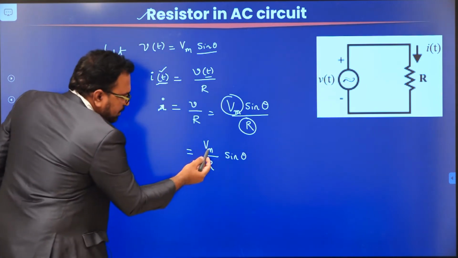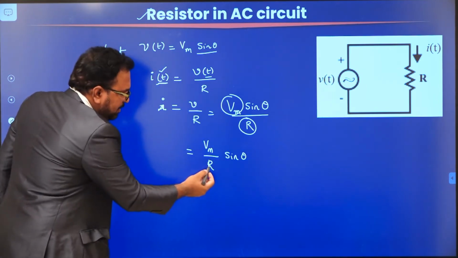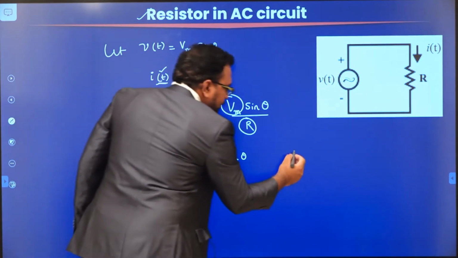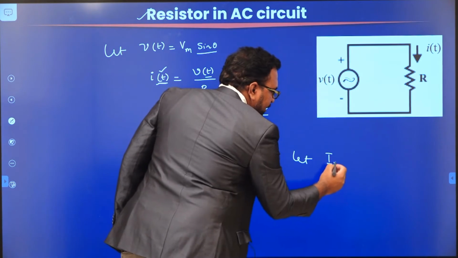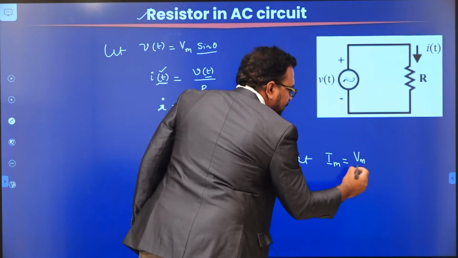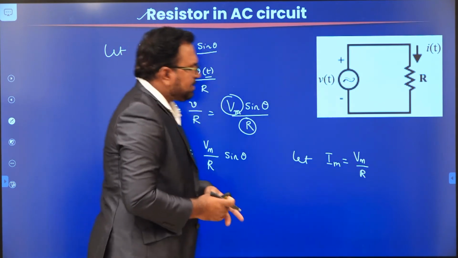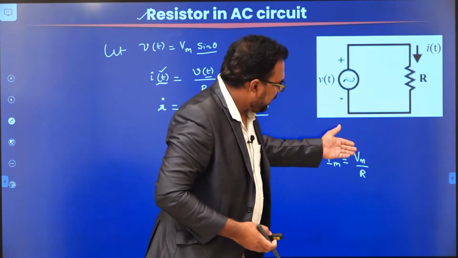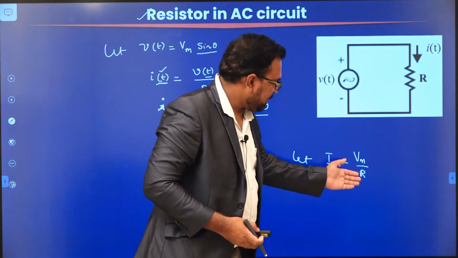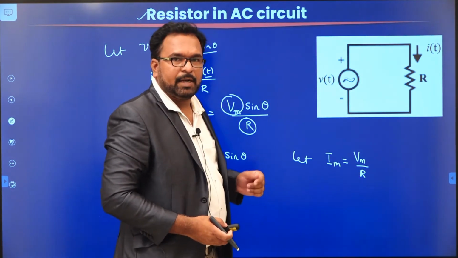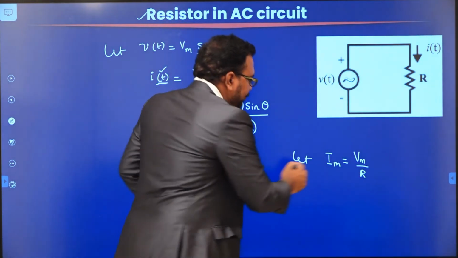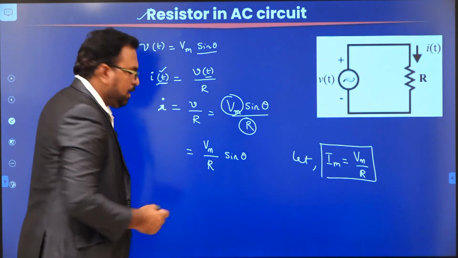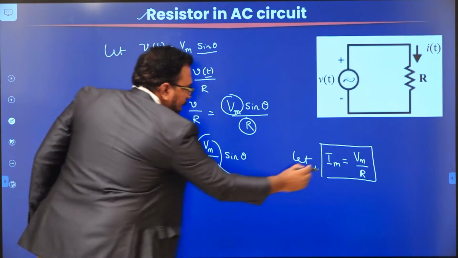Now what is this? This is the voltage and R is the resistance. What is Vm by R? It is a current. So I am going to assume that Im is equal to Vm by R, because Vm is the maximum value of the sinusoidal voltage quantity. Then when you divide this maximum value of voltage by resistance, you will get the maximum value of current. For that reason, I have assumed Im is equal to Vm by R. Now in this expression, replace this Vm by R with Im.